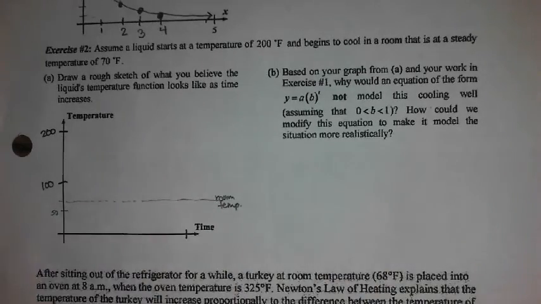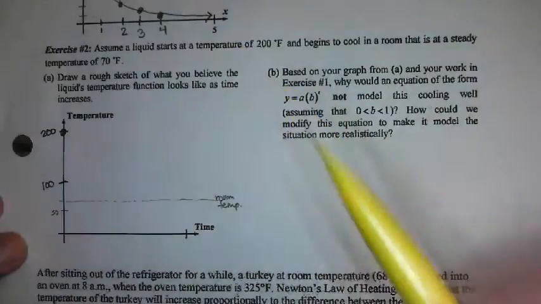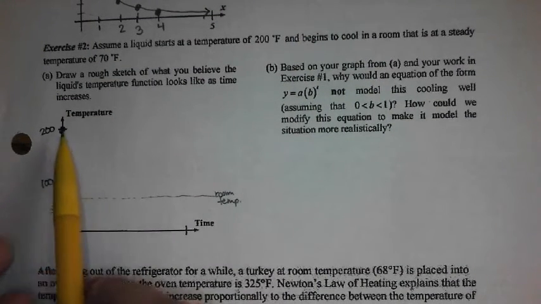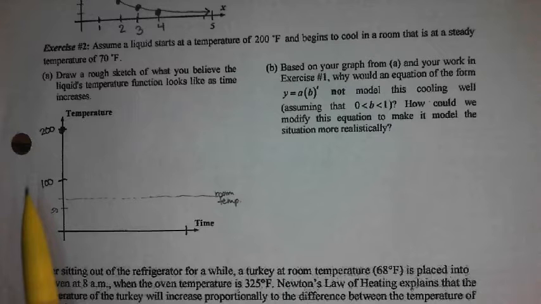So this cup of hot chocolate starts at 200. And we talked about, does it cool faster in the first minute or does it cool faster in the 60th minute? The first minute. Because the discrepancy between the temperature of the hot chocolate and the room is magnificent early on. So the bigger that difference, the more drastically it's going to affect the cooling.